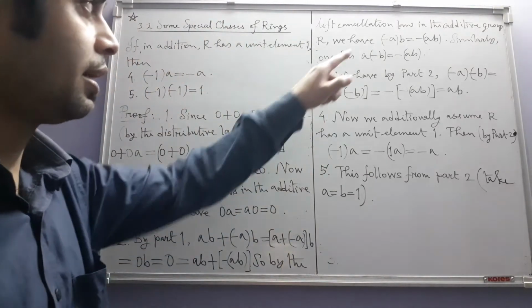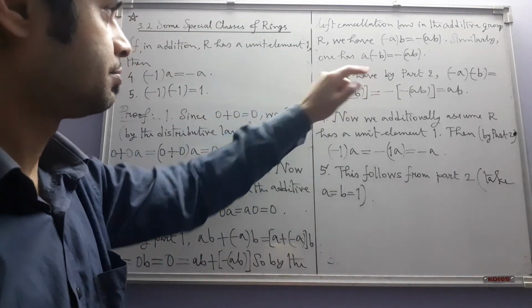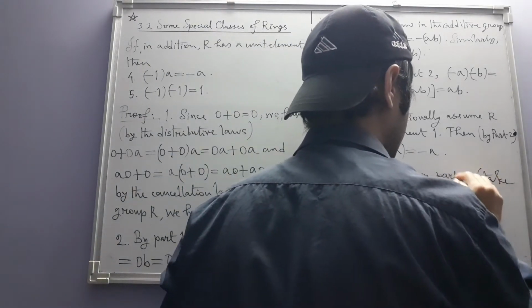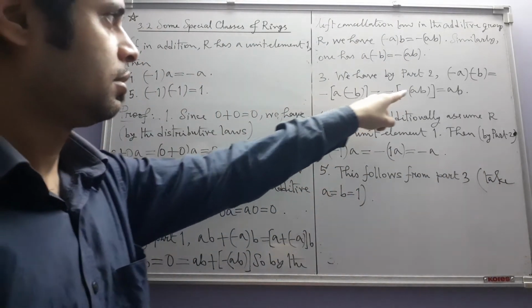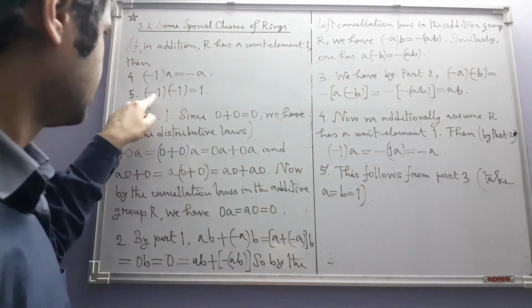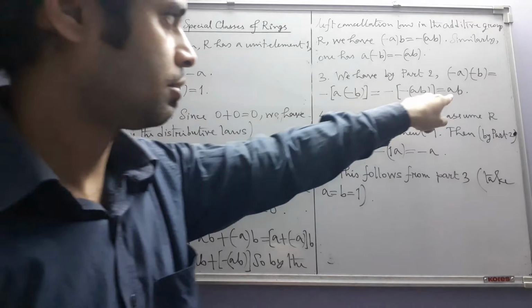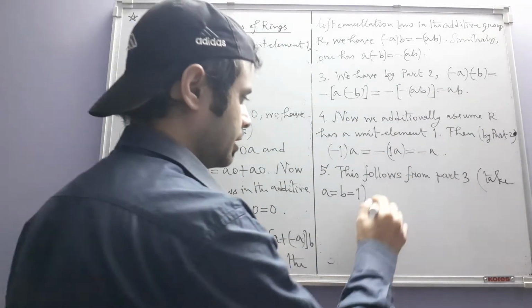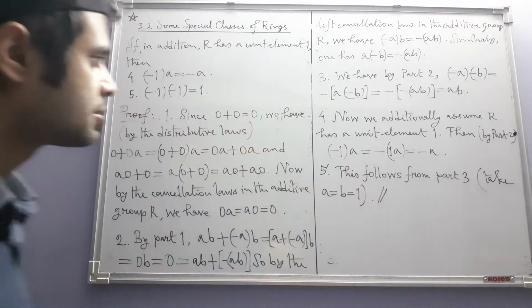So what shall we have? No, not part 2, part 3, sorry. We take A and B both 1, so we get the left hand side here. On the right hand side we have 1 times 1, which is nothing but 1. So that's how we have this lemma.